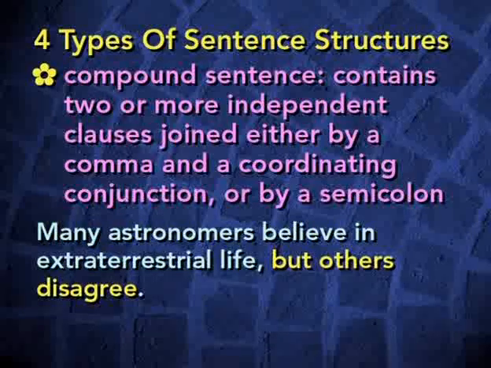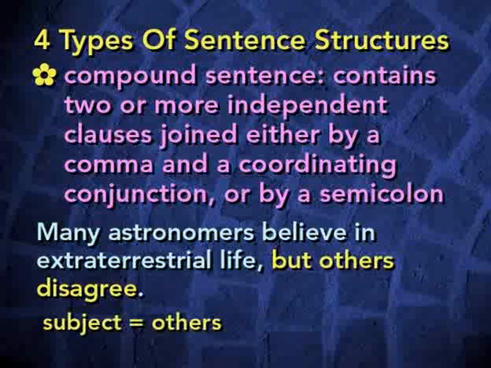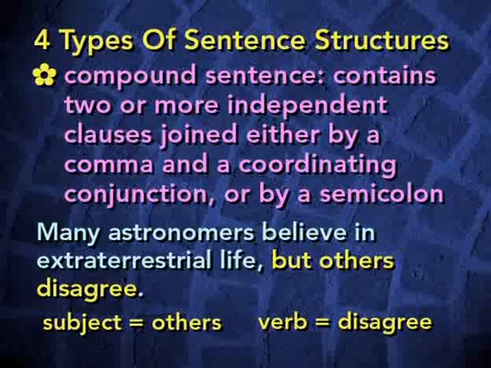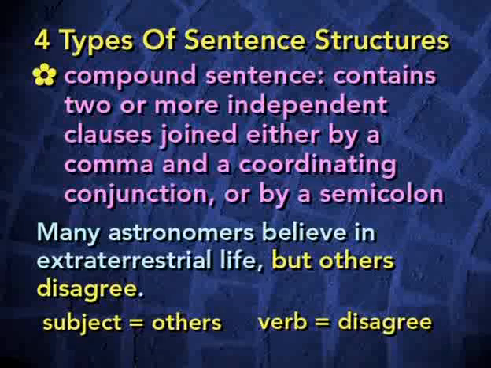That could also stand alone as a sentence. It contains the subject, others, the verb, disagree, and the word but tells you that there's a contrast to the preceding idea. Nonetheless, it could stand alone as a sentence. It's perfectly all right to begin a sentence with a word like but or and. In any case, this is another independent clause.